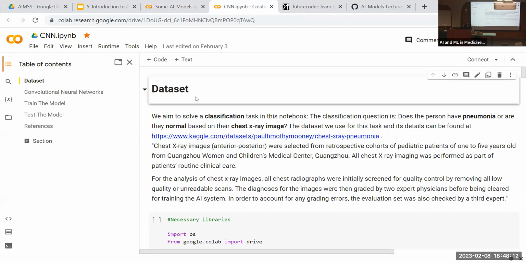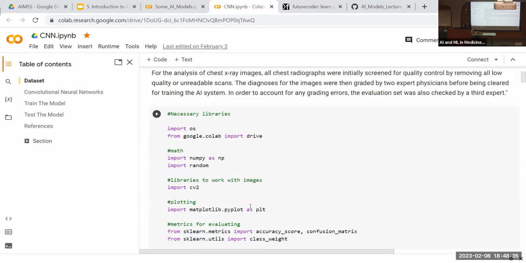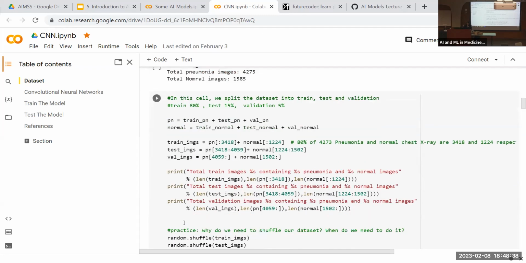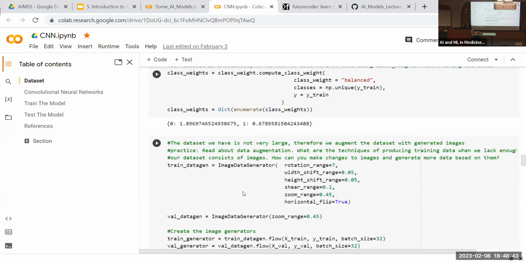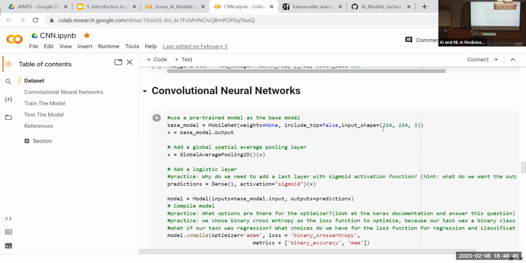And for the CNN model, we have a classification task. We want to see if the person has pneumonia or not based on their chest X-ray image. You can find the data set and its details on Kaggle again, and I really advise you to visit Kaggle for seeing interesting data sets and problems. Again, we need a bunch of pre-processing and preparing the data for our task. After that, we need to build our model.